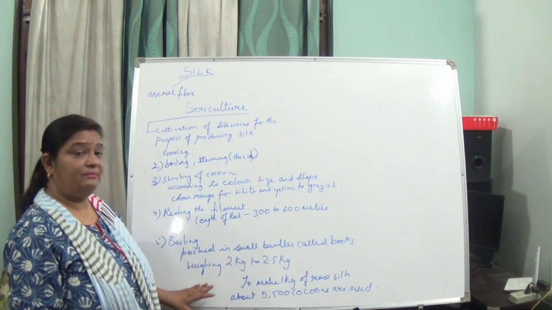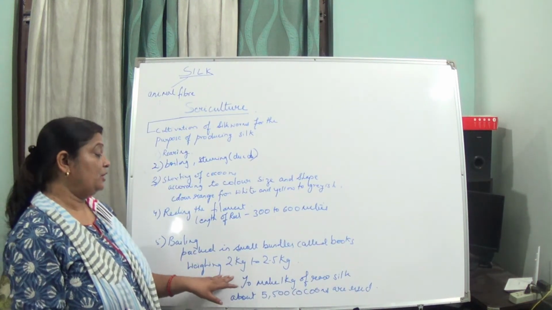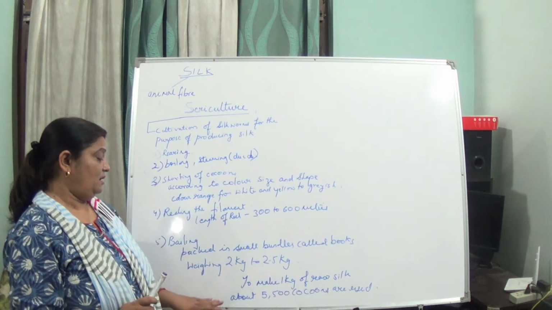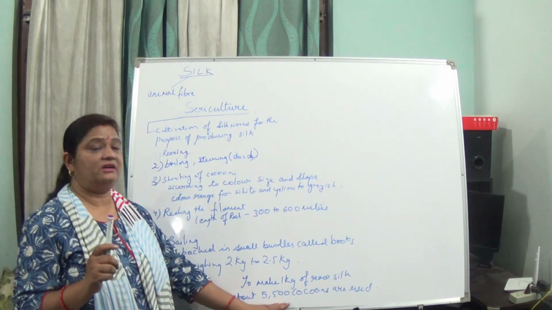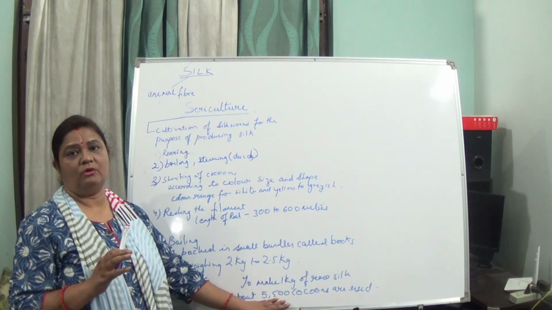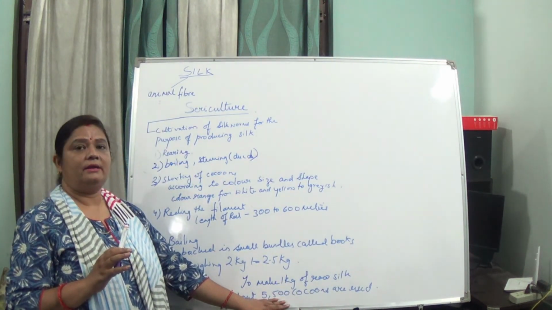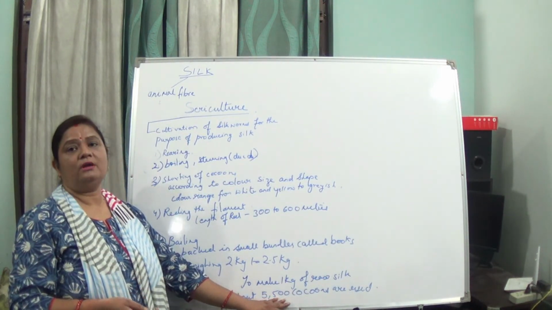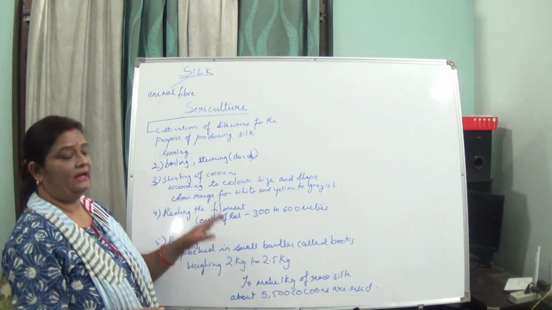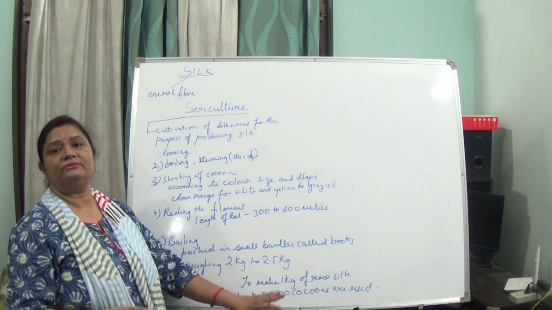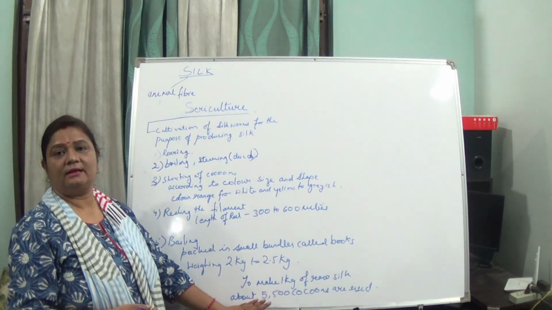But listen, to make 1 kg of raw silk, about 5,500 cocoons are used. It means that many silkworms are used for making the silk, because they lose their life while processing this silk.